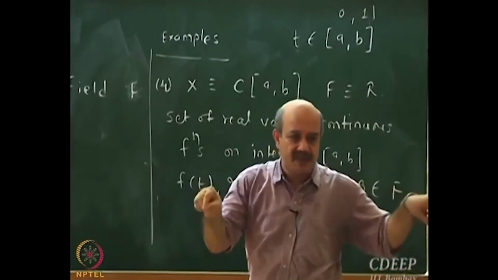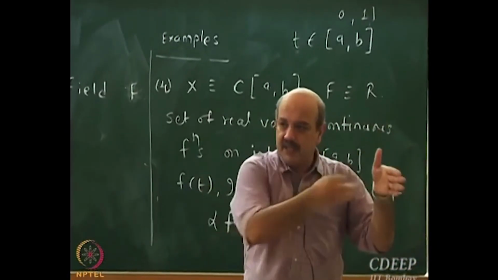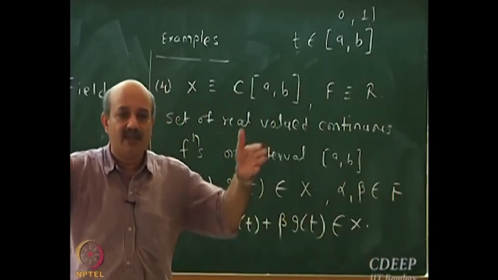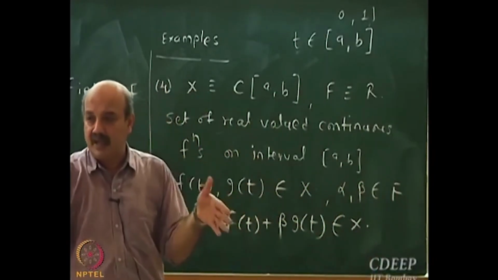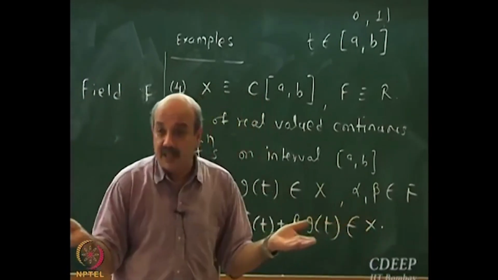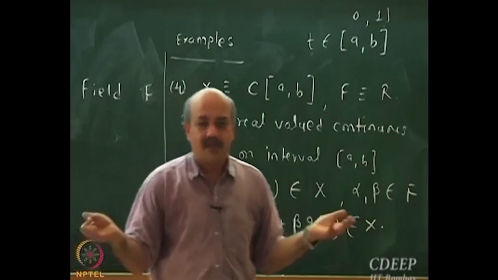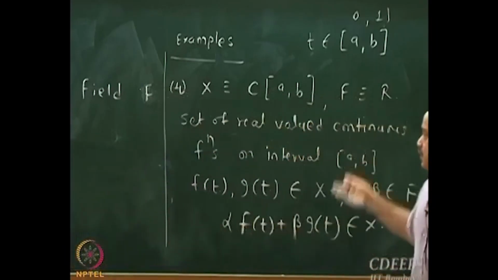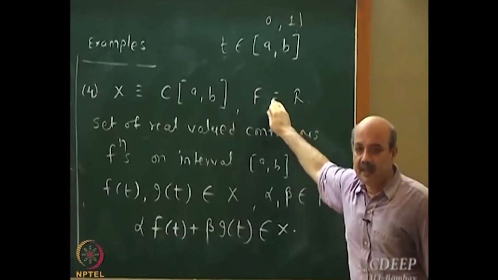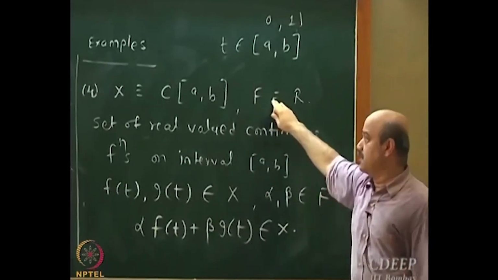So z is my spatial variable, which varies from 0 to T. I can look at the temperature profile inside a distillation column or a heat exchanger as a continuous function. Yes, it's a continuous function. So these kinds of vector spaces are very commonly encountered in chemical engineering examples.